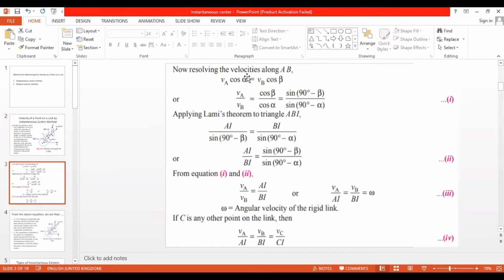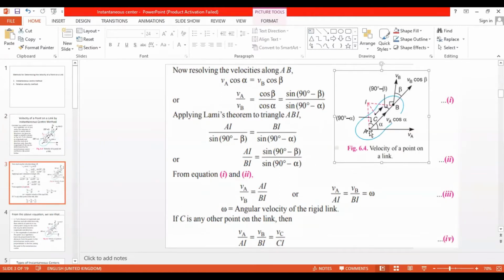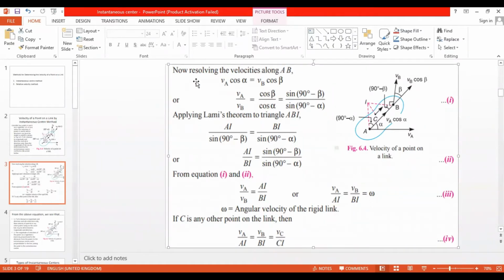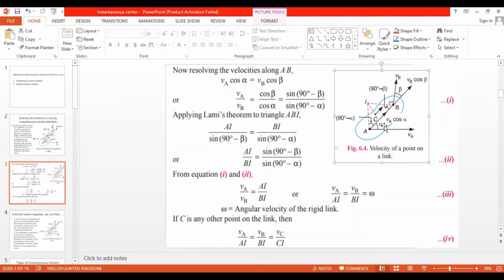Now we'll resolve the velocities along AB. A velocity can be resolved in two directions, along the line and perpendicular to it. If this is VA, I can write the component along AB as VA cos alpha.